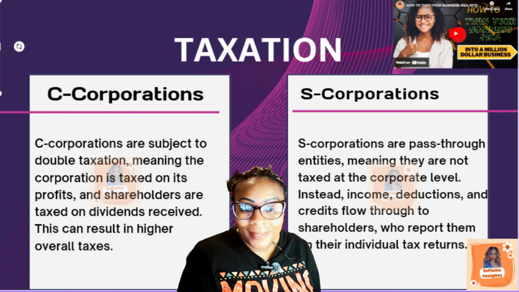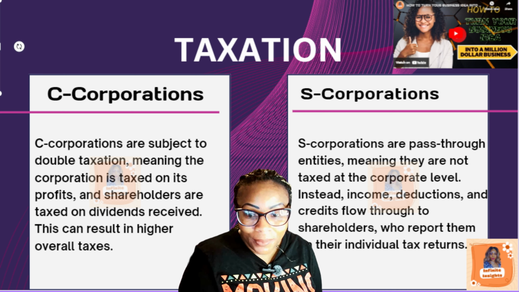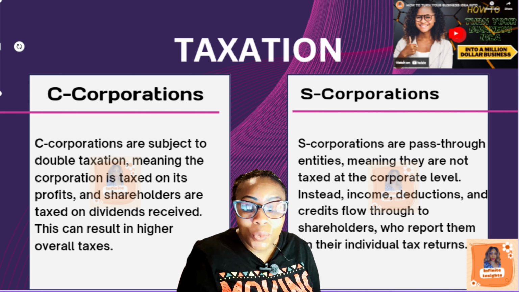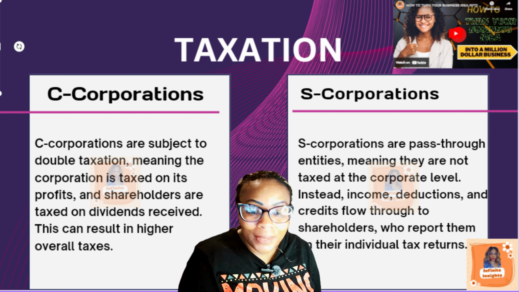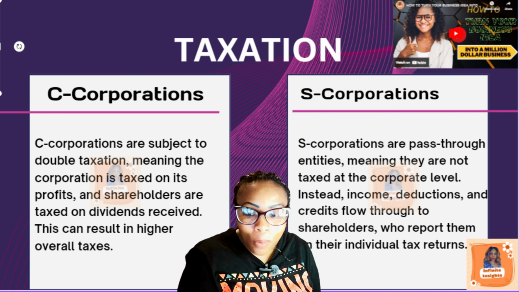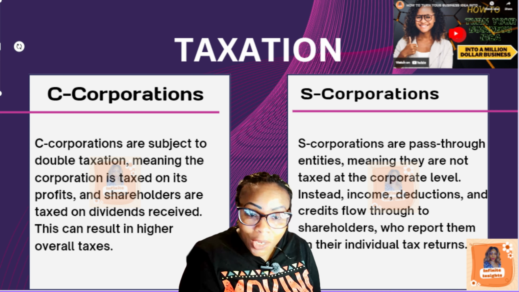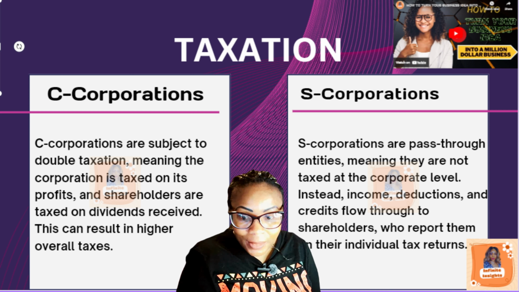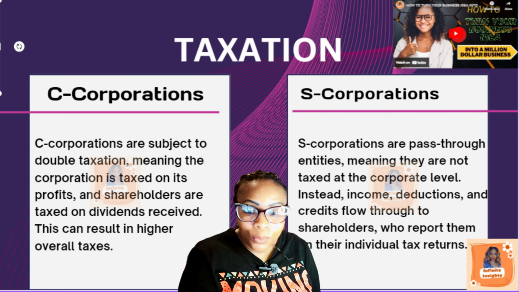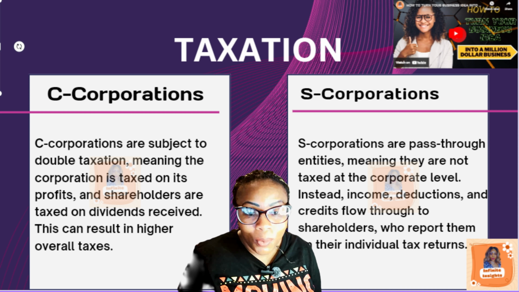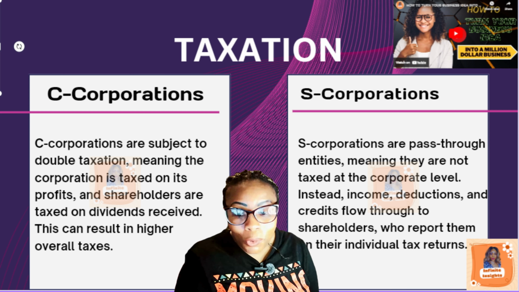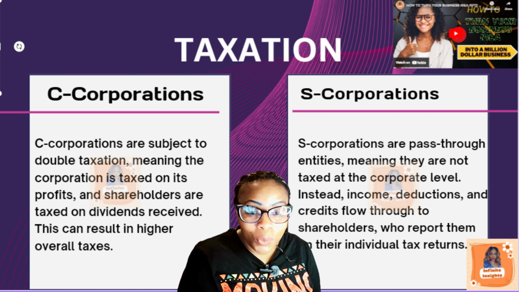On the other hand, S corporations are pass-through entities, meaning they are not taxed at the corporate level. Income, deductions, and credits flow through to the shareholders, who then report on their individual tax returns.